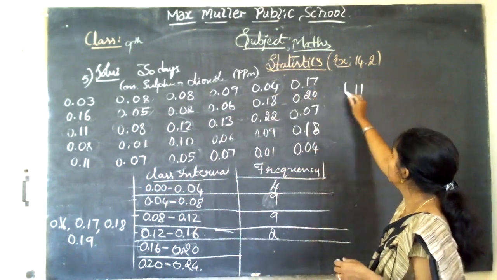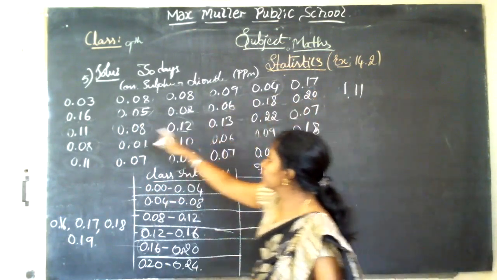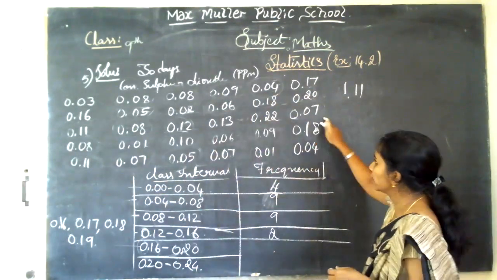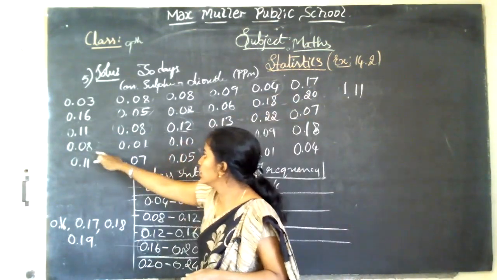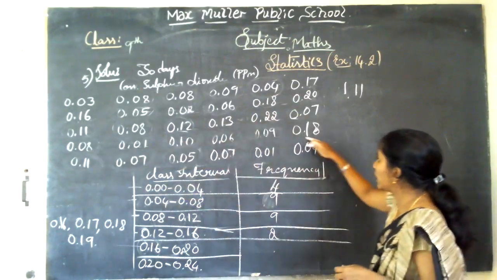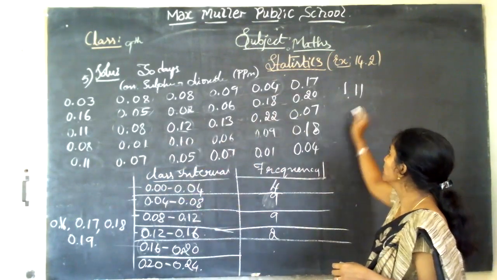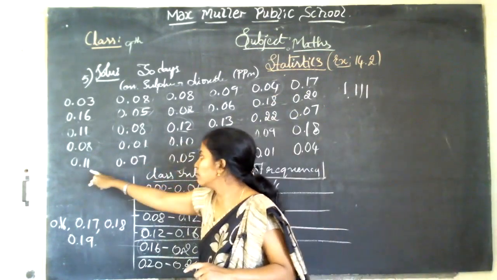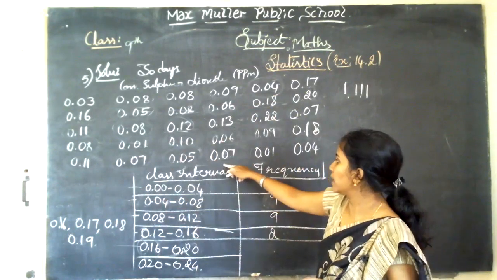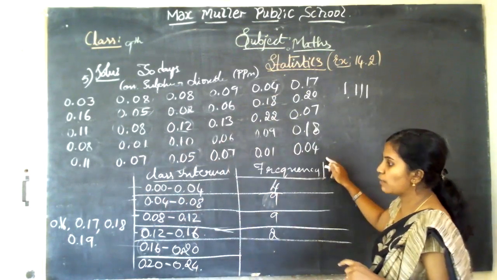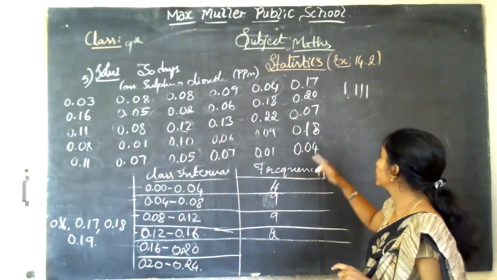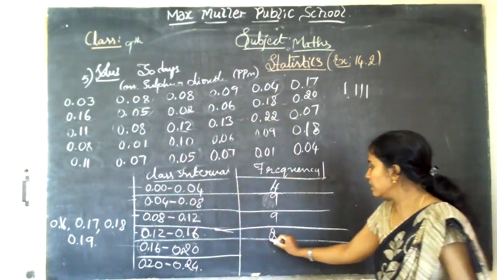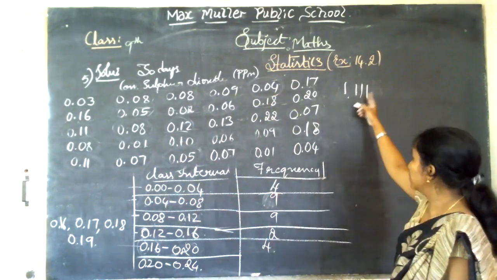Third row: 16, 17, 18, 19, you won't get. Fourth row: 18, I have got 1. Last row: 16, 18, 17, 19. You won't get any numbers. So how many numbers have we got? 4, isn't it? 1, 2, 3, 4.